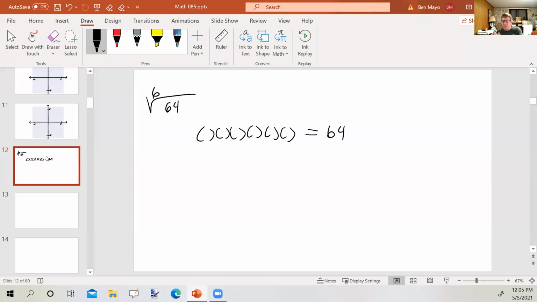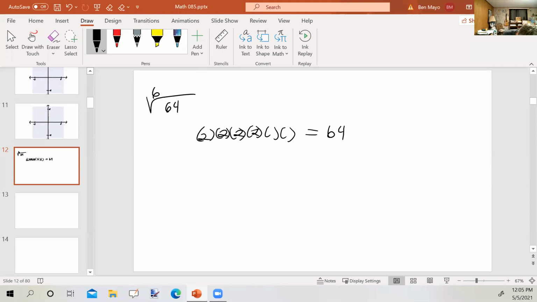Well, 1 times 1 times 1 times 1 times 1 times 1 would be 1. So it can't be 1. 2 times 2 is 4, times 2 is 8, times 2 is 16, times 2 is 32, times 2 is 64. Aha.